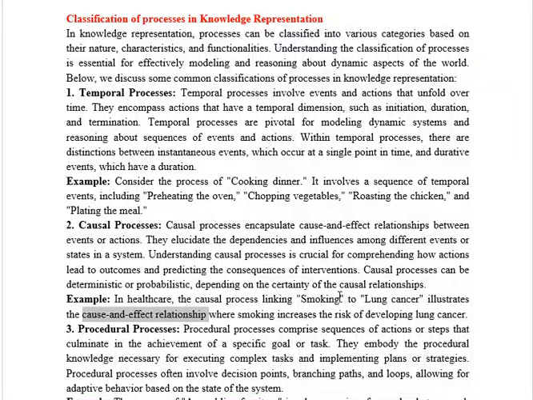So as smoking increases, automatically lung cancer also develops more and more. If the cause increases, depending on that, the effect also increases. In this way, that is known as a causal process.